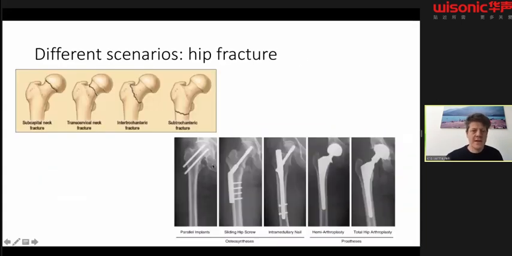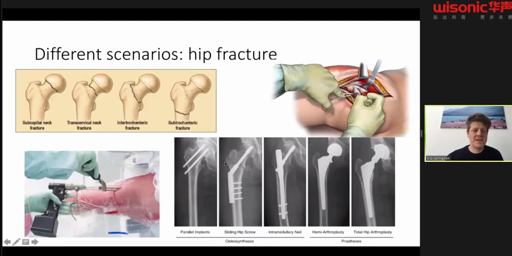Again, some of the fractures are fixed with osteosynthesis, with parallel implants. Other ones have a lot of skin incision or a lot of skin intervention as well. So again, I think you have to adapt your local anesthetic technique, you have to adapt your peripheral nerve block technique to the surgery which is performed.